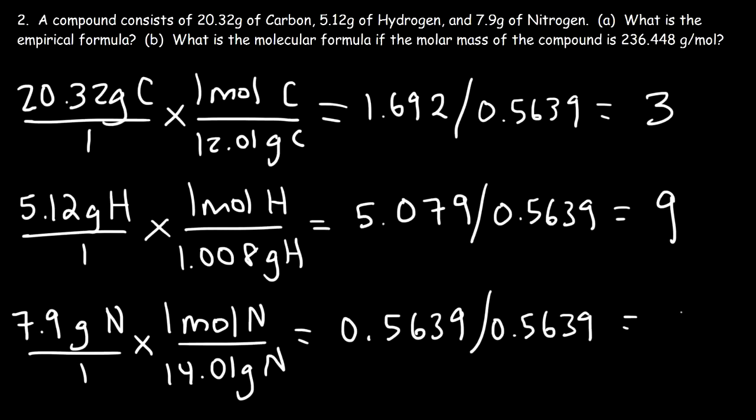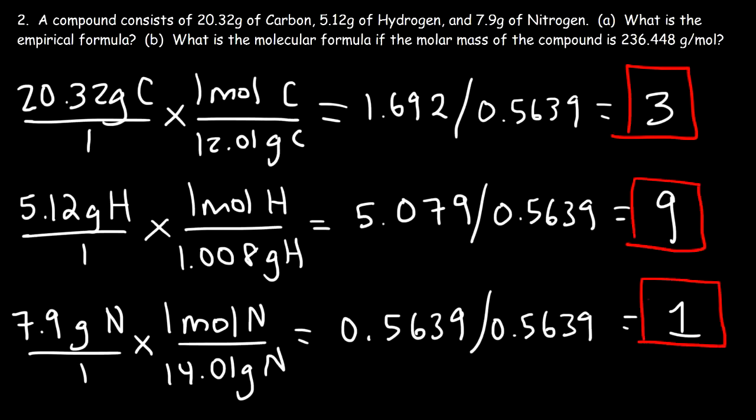And this is going to be 1. So in the empirical formula, there should be 3 carbon atoms, 9 hydrogen atoms, 1 nitrogen atom. So the formula is going to be C3H9N1, or simply just C3H9N. So that's the empirical formula.